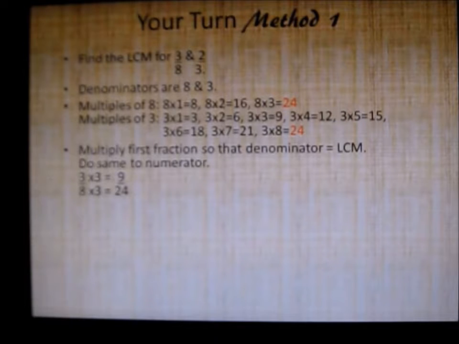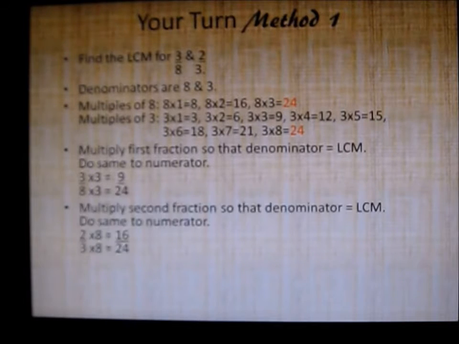Do the same to the numerator. 3/8 times 3 equals 9/24. Multiply the second fraction so that the denominator equals the least common multiple. Do the same to the numerator. 2/3 times 8 equals 16/24.